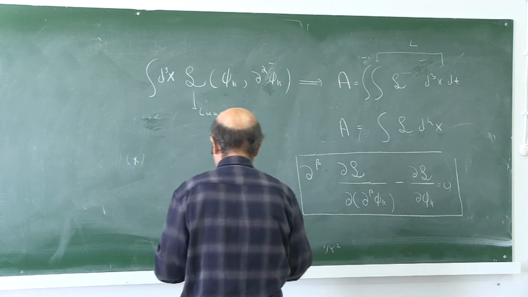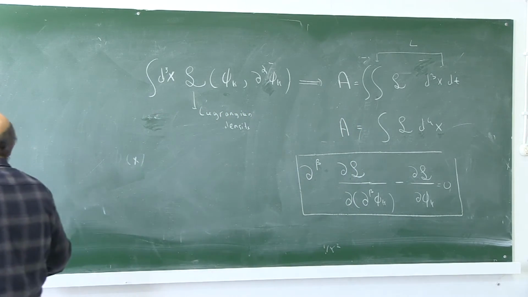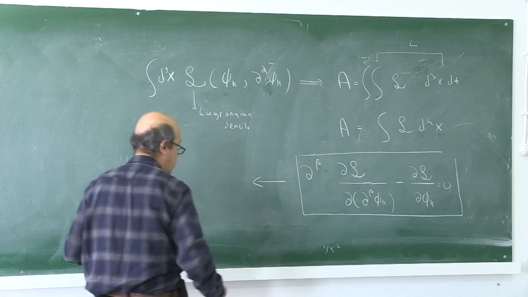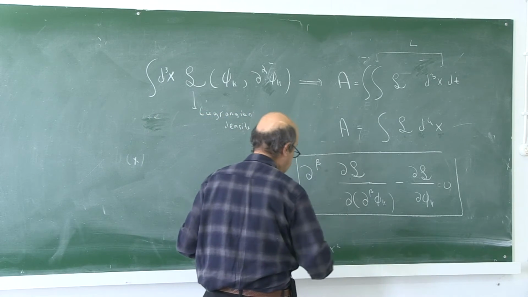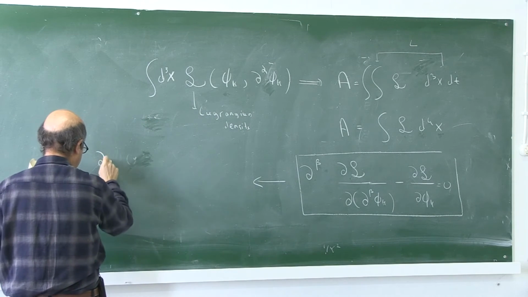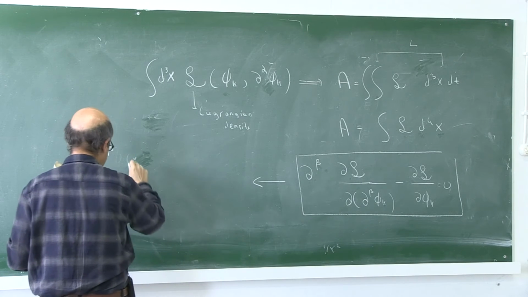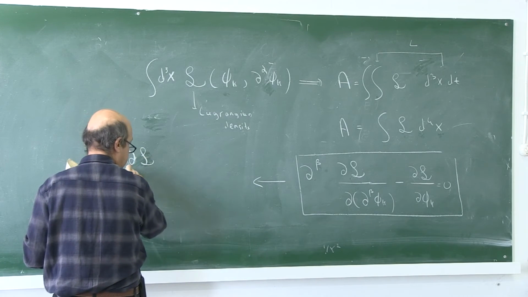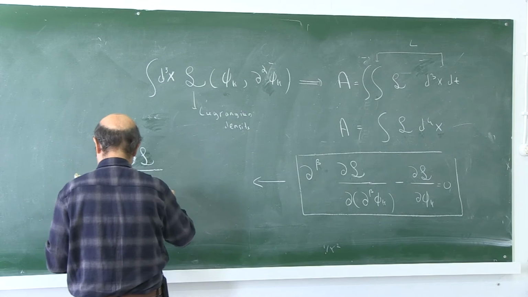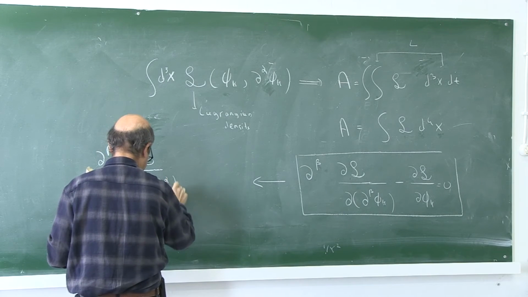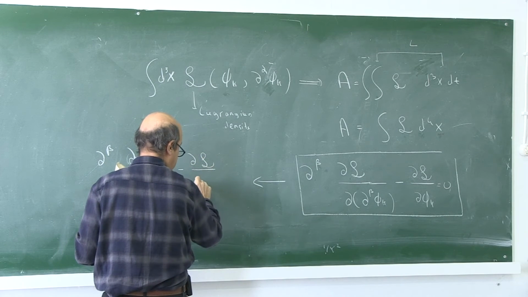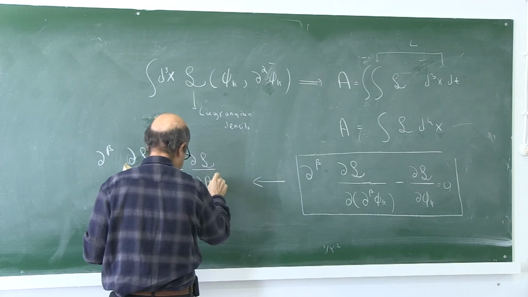So you can write the equation of motion for the electromagnetic field, taking the fields as the four potential and the derivatives of the four potential, in the following format: del beta over del Lagrangian density over del beta A alpha, minus del Lagrangian density del A alpha.